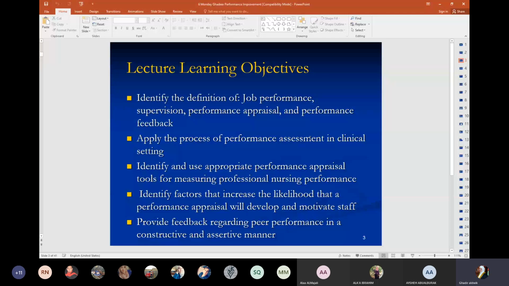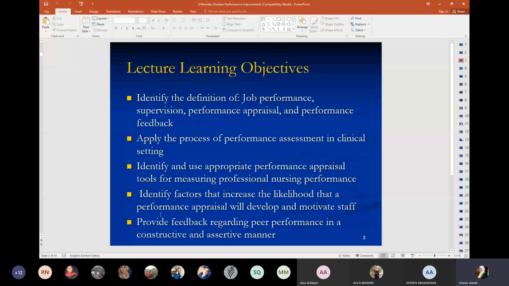We will apply the processes of performance assessment in a clinical setting by giving examples in a clinical area, and identify and use appropriate performance appraisal tools for measuring professional nursing performance by discussing different tools that will be used during the assessment of performance appraisal in clinical settings.